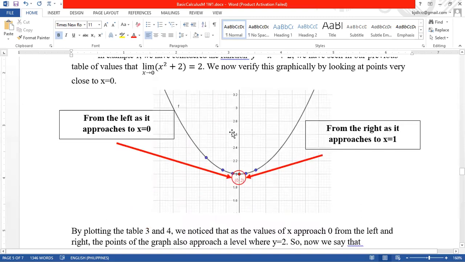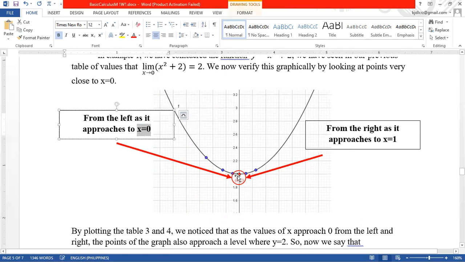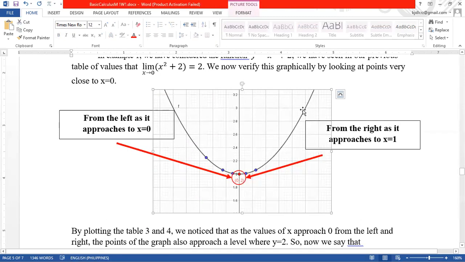So naga-approach pod iyang x sa 0. So makita na to, nag-i-plot na to siya tanan mga point. Di siya mo equal gyud sa 0, pero it is approaching gyud siya.